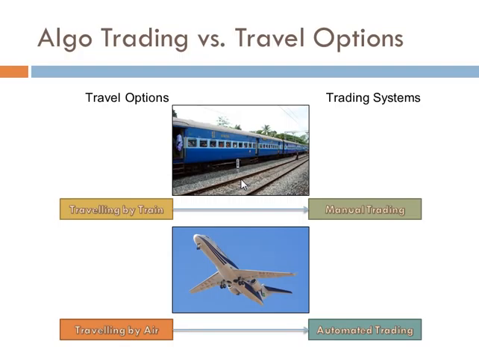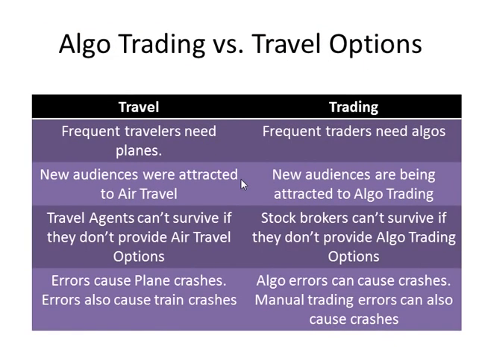So taking this example forward, let's draw some of the parallels and see how these options evolve. As we discussed, frequent travelers need planes to travel. Similarly, frequent traders need algos to trade. Now the next point that I want to make is that air travel opened traveling up to a whole new audience.